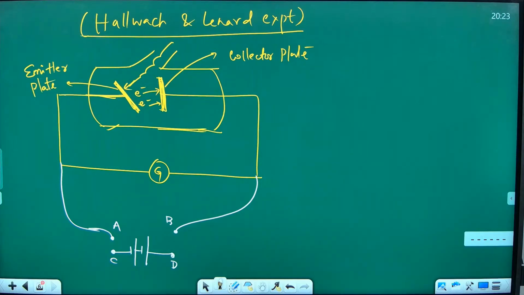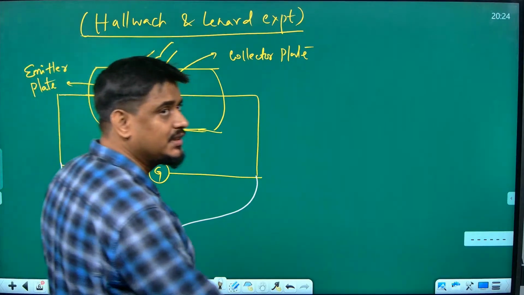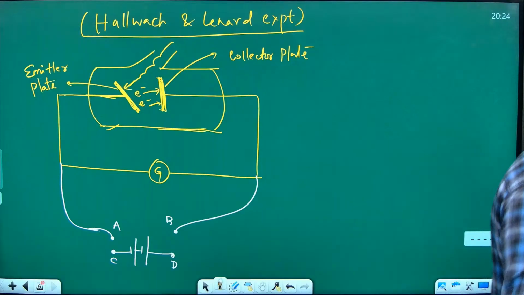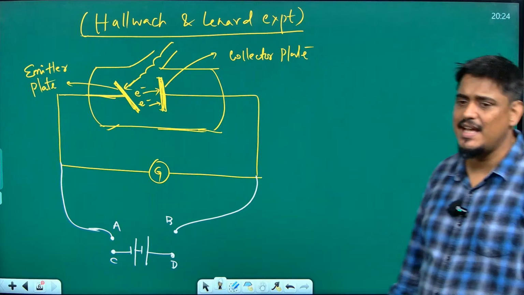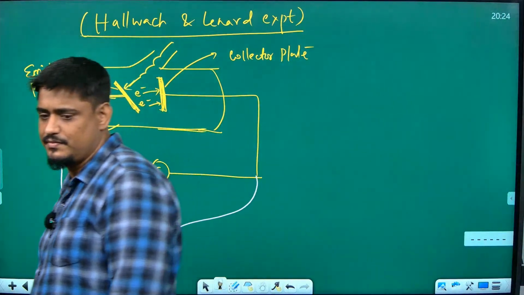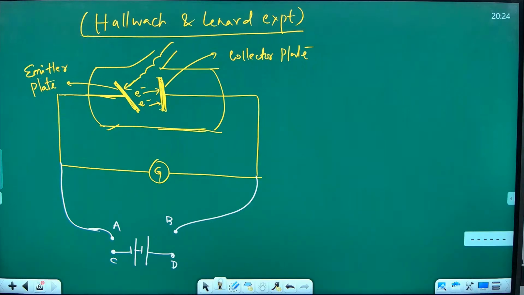In brackets you can write: varying intensity and constant frequency. So the graph is plotted between potential and photoelectric current.